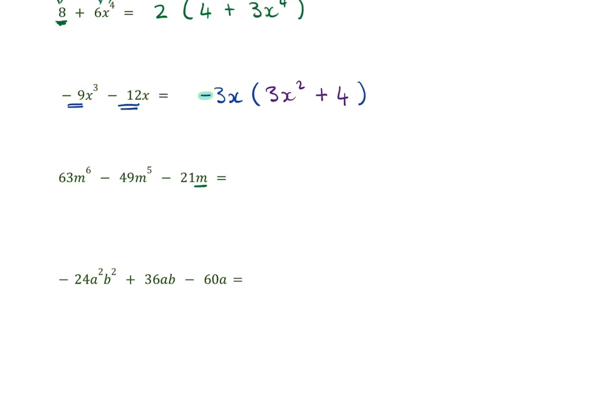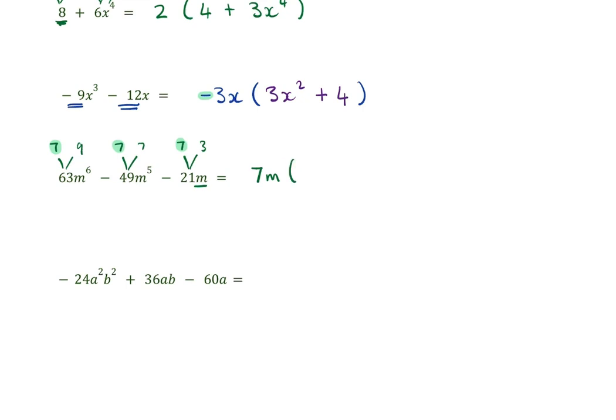Which factor? Well, I know that 63 is 7 multiplied by 9. I know 49 is 7 multiplied by 7. And I know 21 is 7 multiplied by 3. So they all have a common factor of 7. So I can take out as my common factor 7 from each one and m to the power of 1.